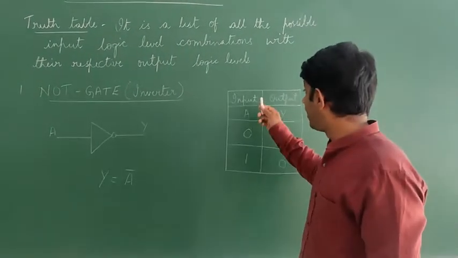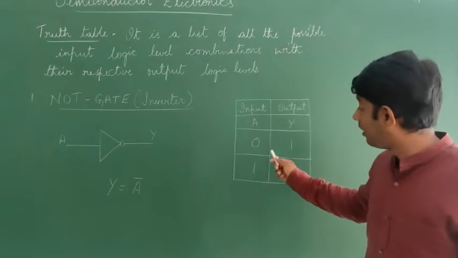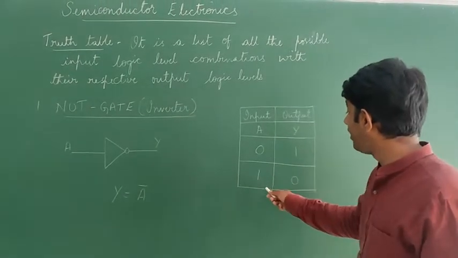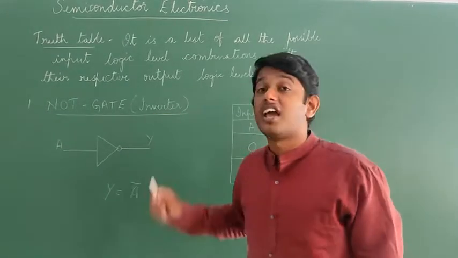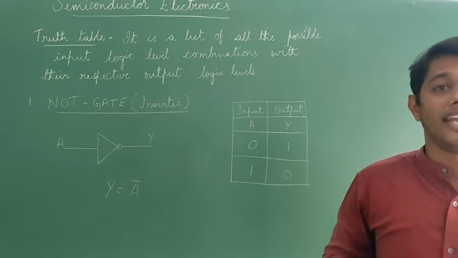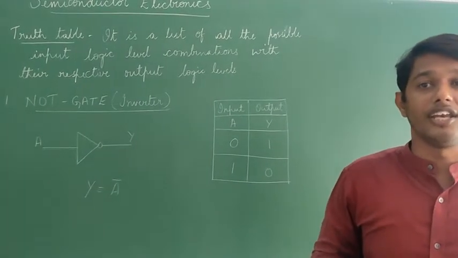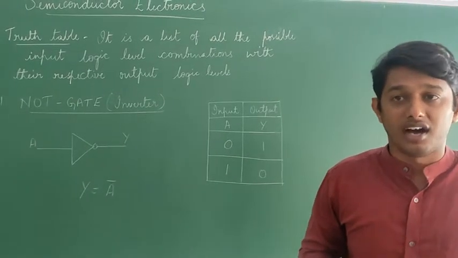If the input is 0, we get the output 1. If the input is 1, we get the output 0. It produces an inverted version of the input at the output. This is why it is called an inverter.